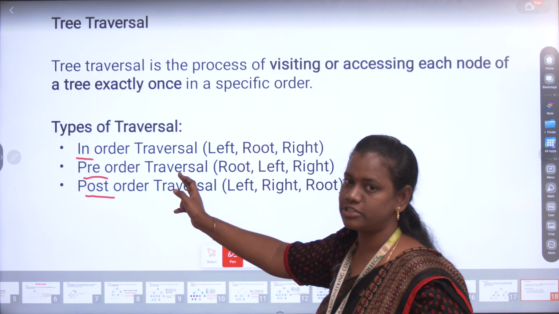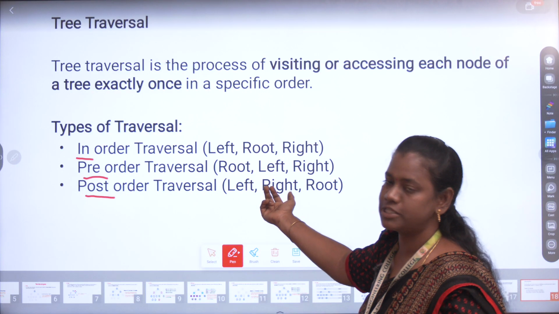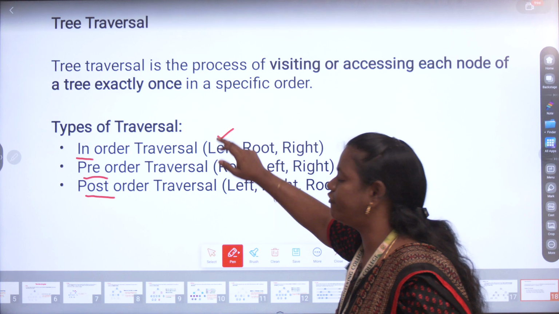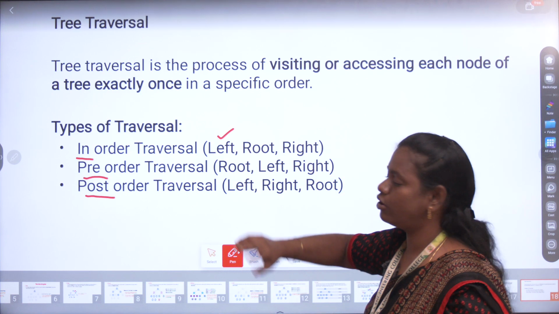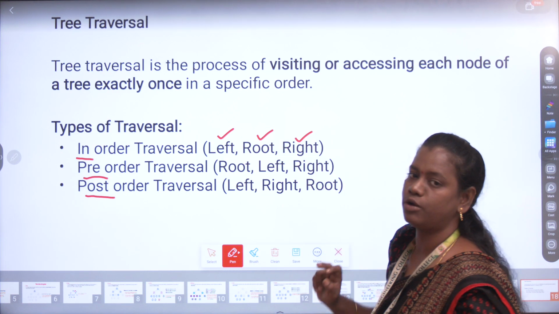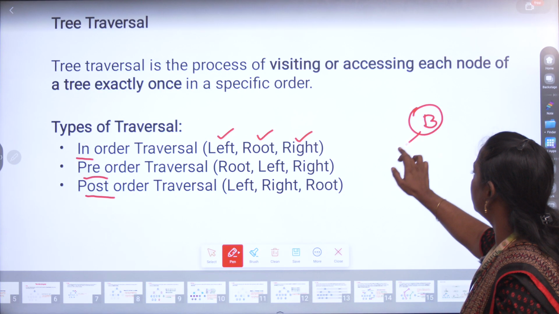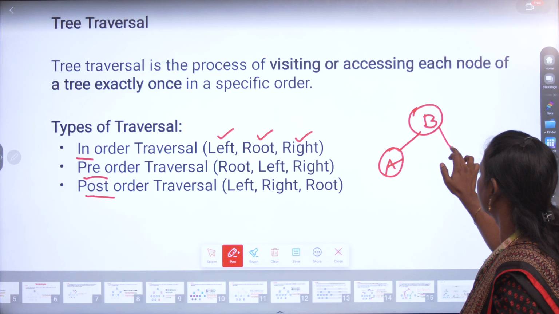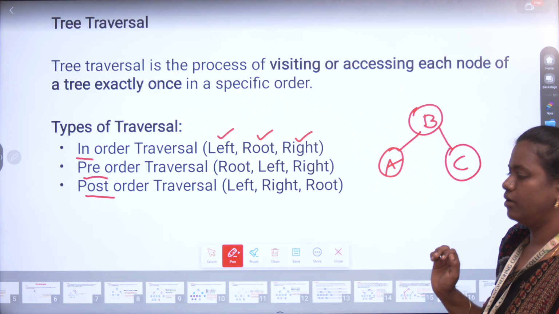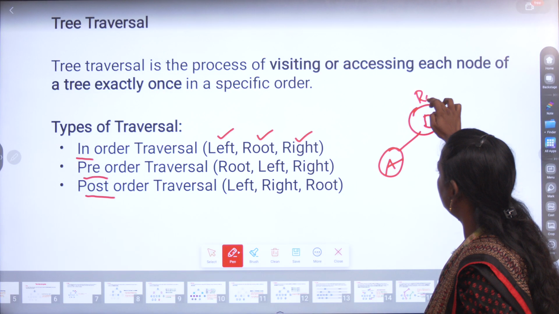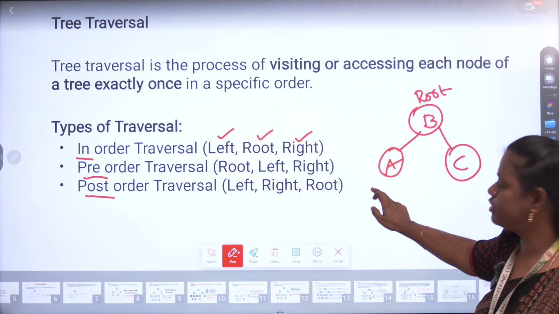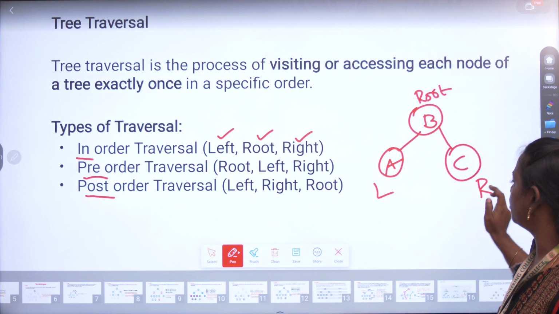In-order traversal means we need to follow this principle. First we need to visit the left node, and then root node, and then right node. Consider this is your tree B, A, C. In this, B is your root, and then A is your left, and then C is your right.